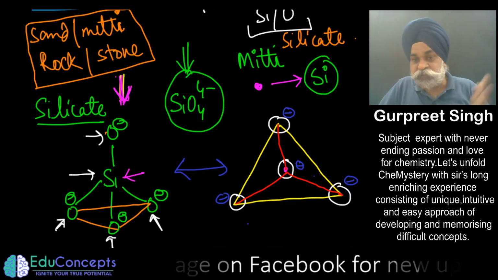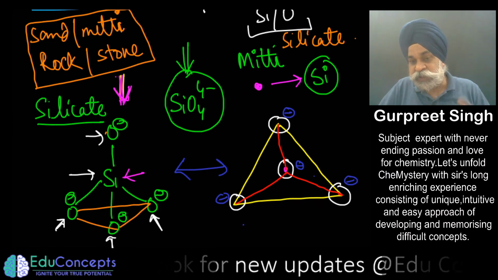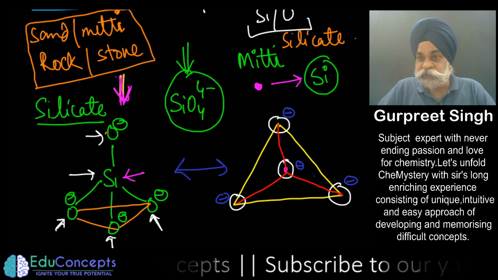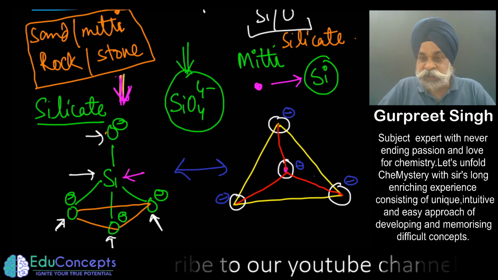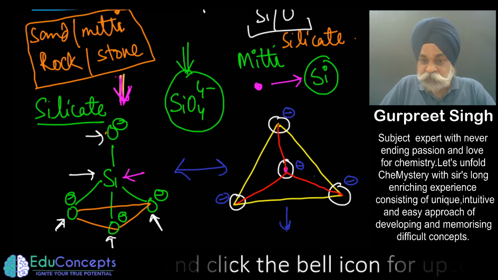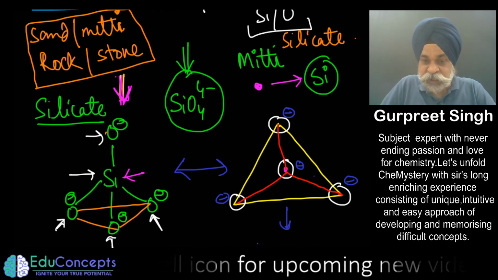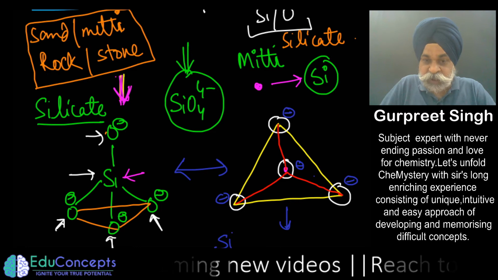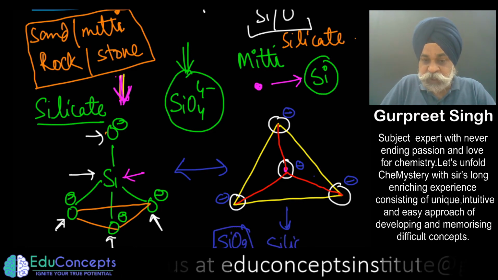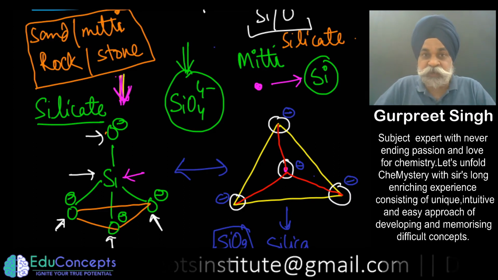As it becomes more and more polymeric, the negative charge on these oxygen atoms starts decreasing, as we shall be seeing in the upcoming 4 5 minutes, and you would love to see how the negative charge is getting omitted, and ultimately what we end up getting is the most important entity which we call silica, which is sand or mitti.